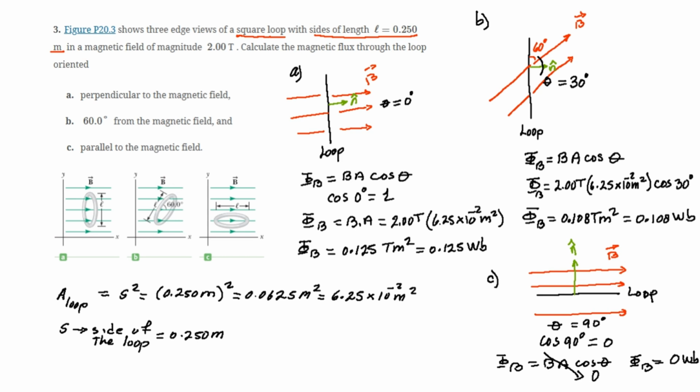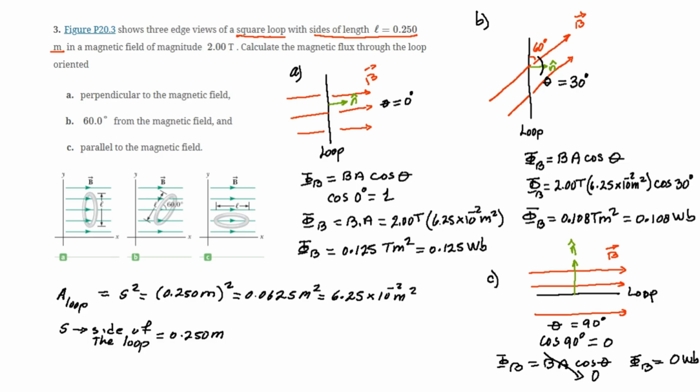So there you have the three cases. The case where the magnetic field and the loop were perpendicular, that was where we got the maximum value of magnetic flux. The case where the angle between the loop and the magnetic field was 60 degrees, so the angle between the normal to the loop and the magnetic field was 30 degrees, we got a value, of course, lower than the maximum value.